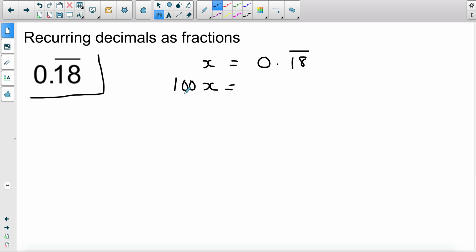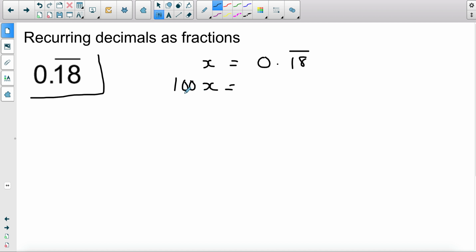So we have 100x minus x, and you can write it out if you want to, 18.1818 recurring, and subtract 0.1818 recurring. Now, if you notice, if I subtract these two numbers, the decimal places will cancel out.